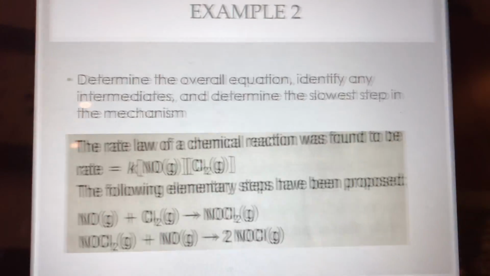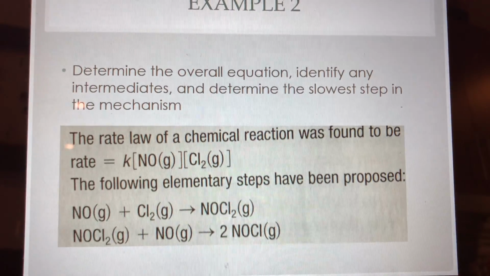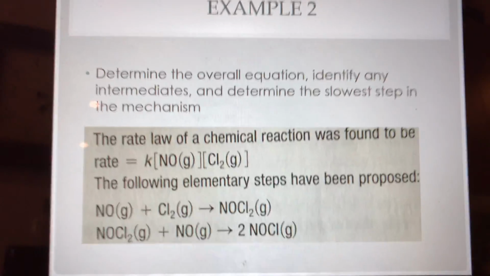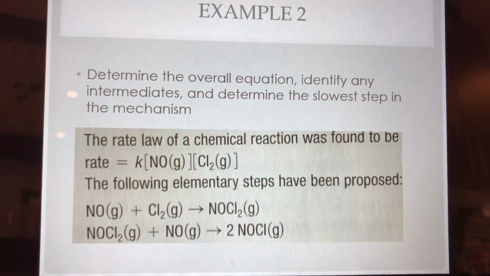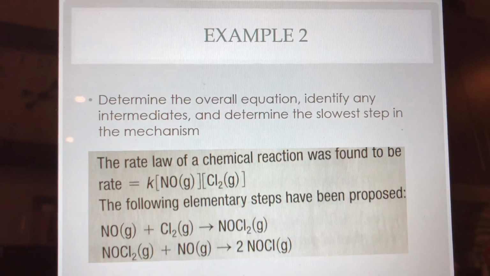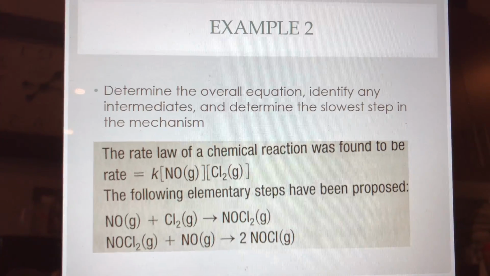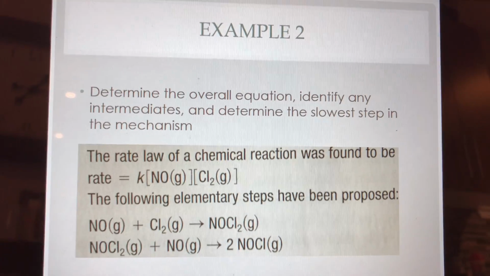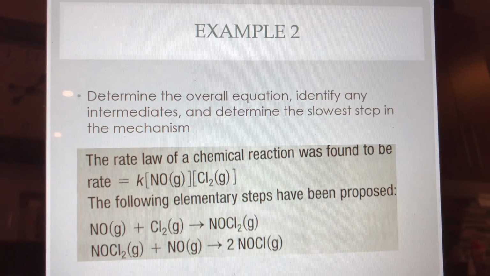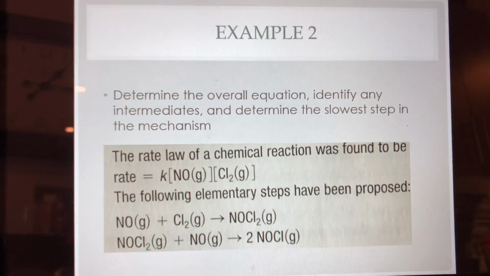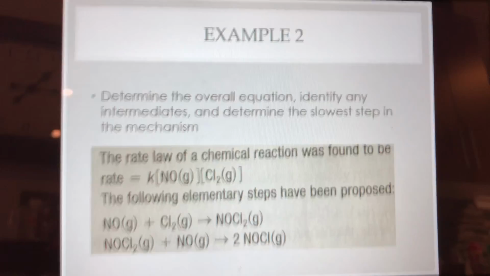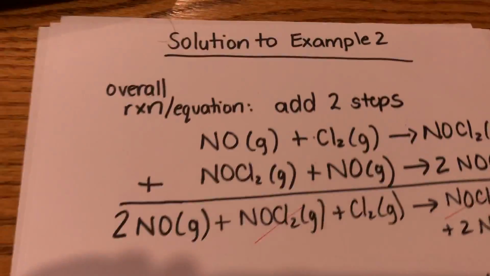Okay, so to figure out the overall equation of this reaction, you just simply have to add up the two steps here using Hess's law. Okay, and then whatever is crossed out, that's going to be our intermediates. And then our slowest step you can figure out because the rate law of that slowest step must match the overall rate law.